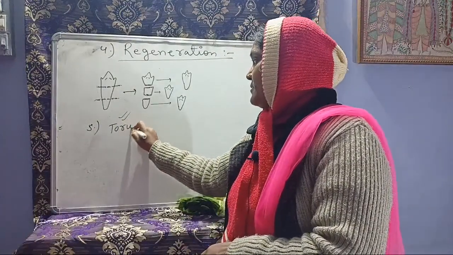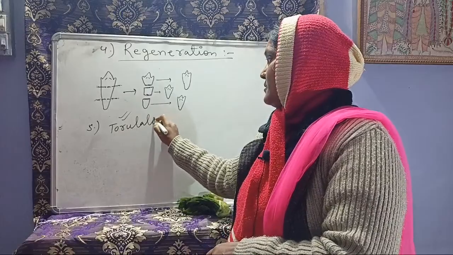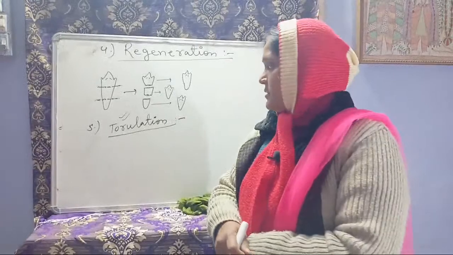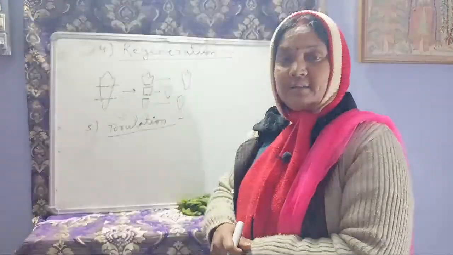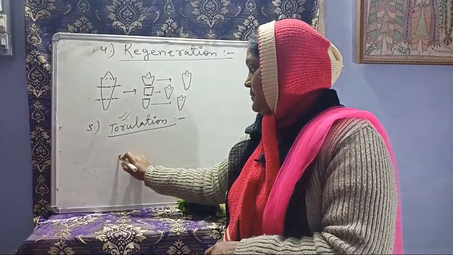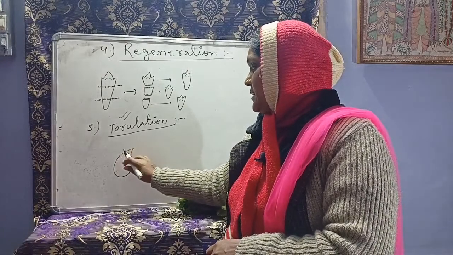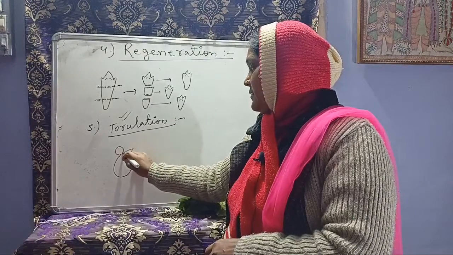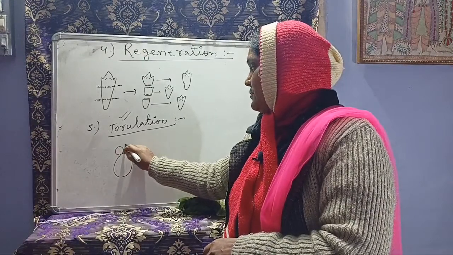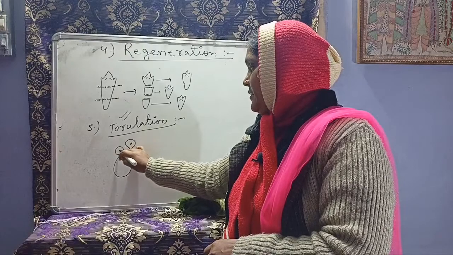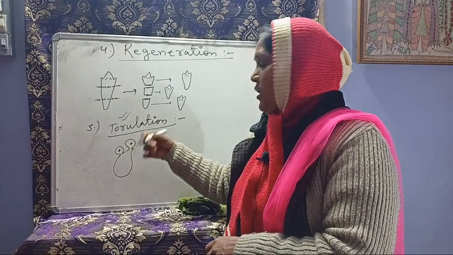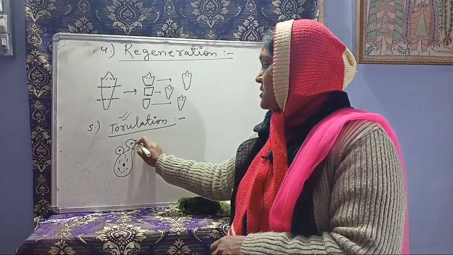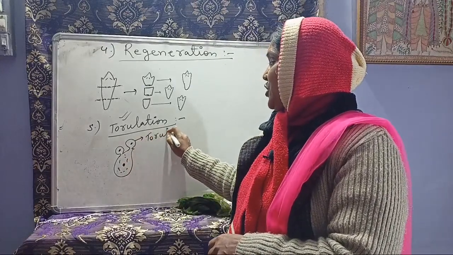Torulation. It is actually budding in yeast, but when the number of buds is more than one, the number of buds is two or more, then such a bud is called a torula.